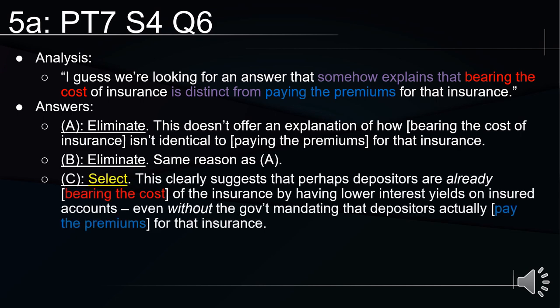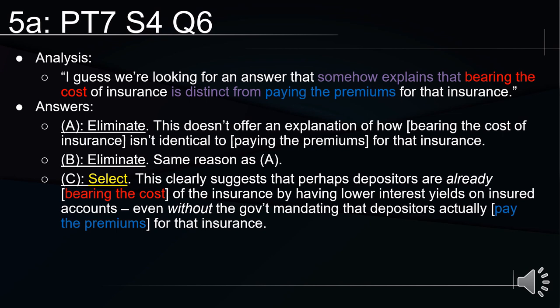Banks do not always cover the cost of deposit insurance premiums by paying depositors lower interest rates on insured deposits than the banks would on uninsured deposits. So first of all, this is kind of wordy, and it's got the word deposits repeatedly. But if we pick it apart, what is C alleging that banks aren't already doing?